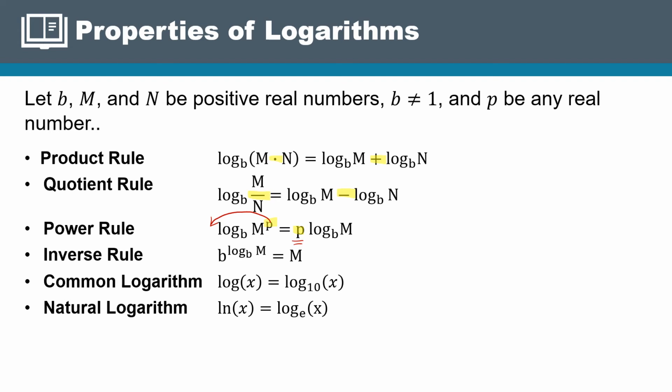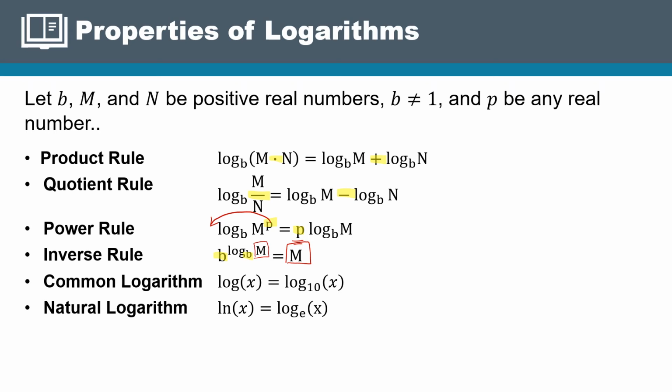For the inverse rule, b to the log base b of m, notice the bases are the same. When the bases are the same, your answer is simply going to be m, whatever this value is here.